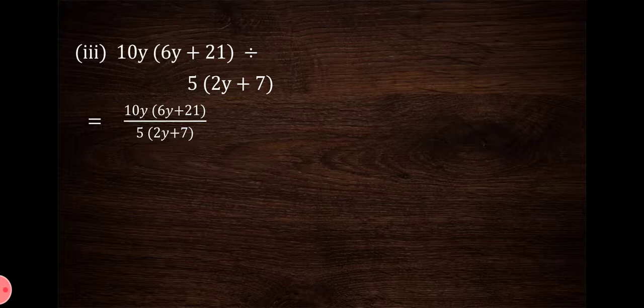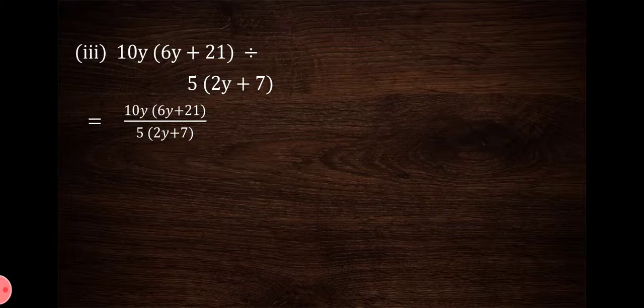Also, in the bracket we can see that we can take something common, because 6 and 21 both are multiples of 3, or both come in the table of 3. So further we can take out 3 more common from the numerator. In the denominator, 5 is already taken out common, and in the bracket 2y plus 7, nothing is common, so let it be as it is.